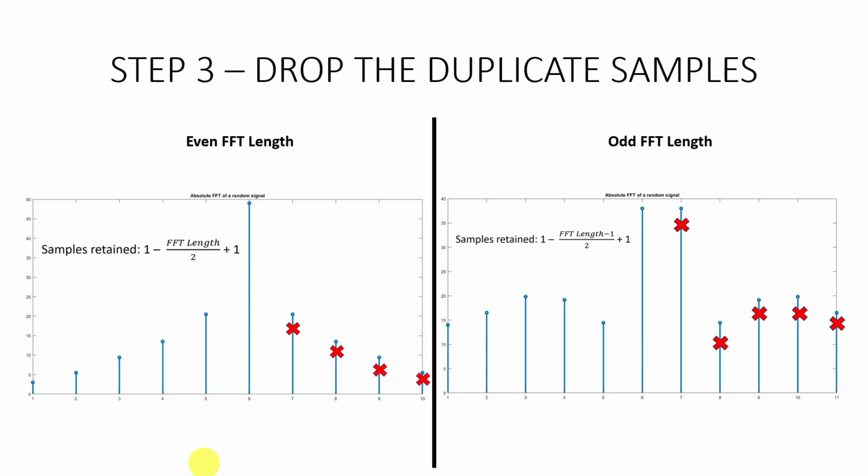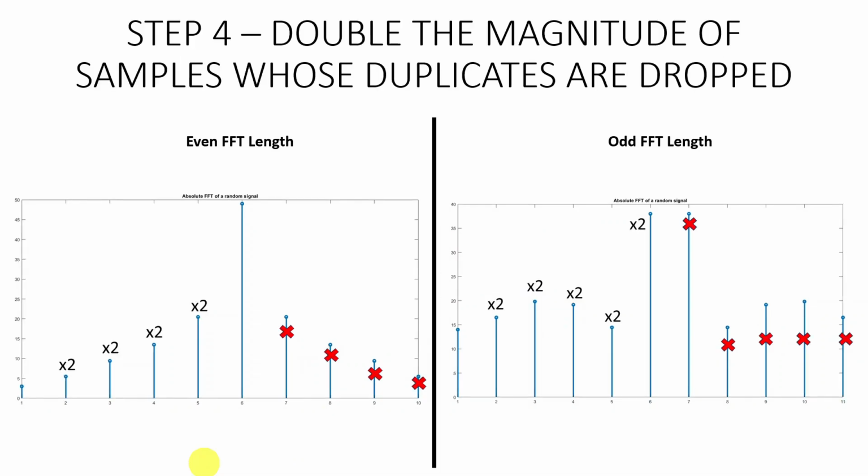So dropping the duplicate samples means that half of the magnitude of the concerned frequencies will be gone. So to balance this consequence, you have to multiply all the samples whose duplicates you have dropped by 2.